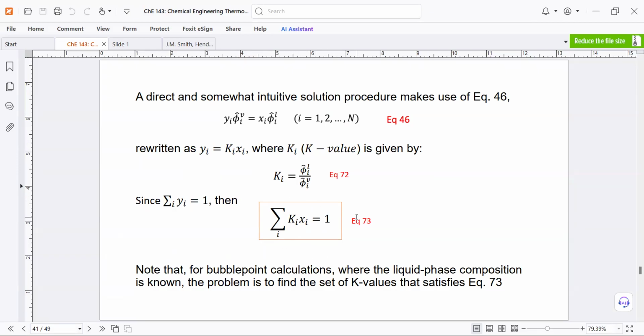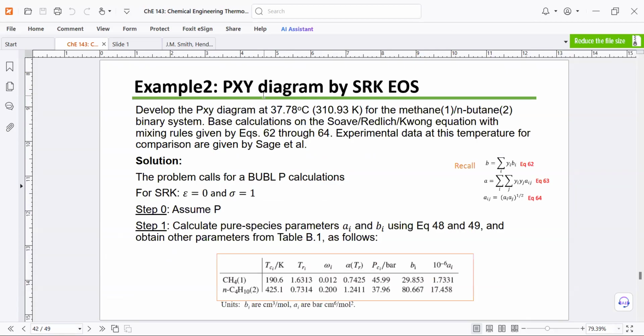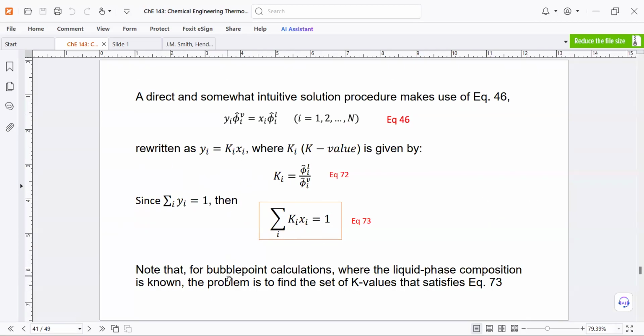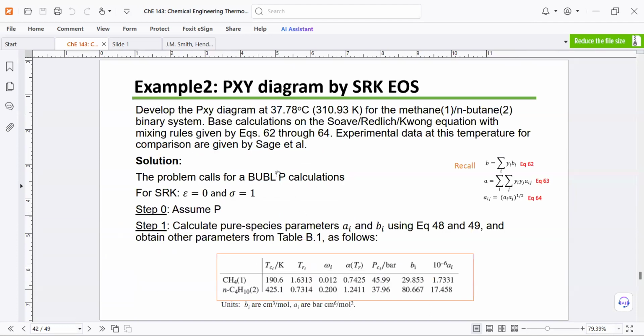And how is this useful to us? We will use this in the next example. It's used for bubble point calculation where the liquid phase composition is known, and the problem is to find the set of K values that satisfy equation 7.3. And we will demonstrate that in example 2.